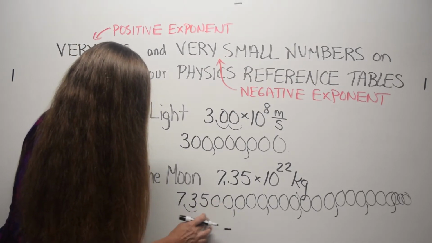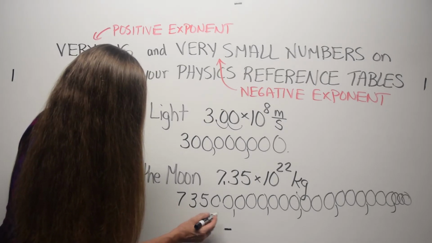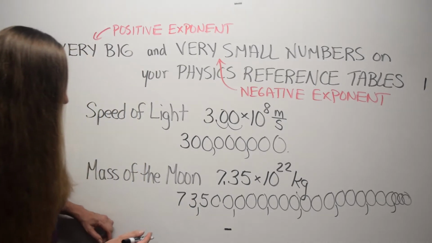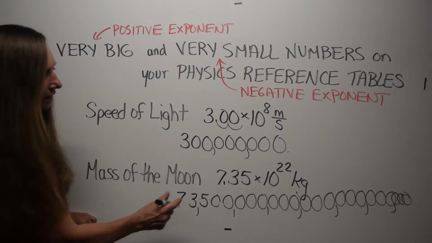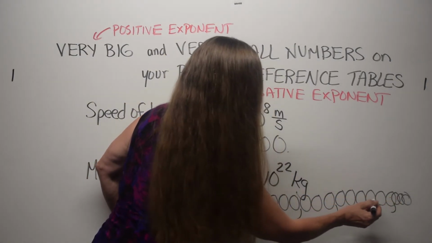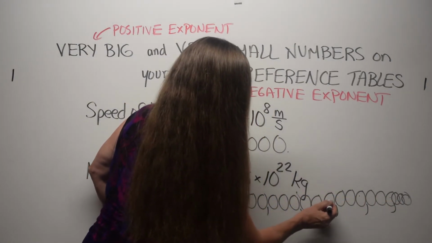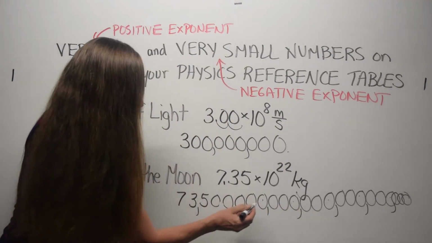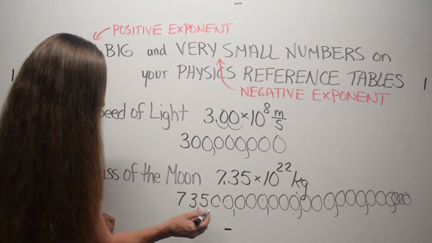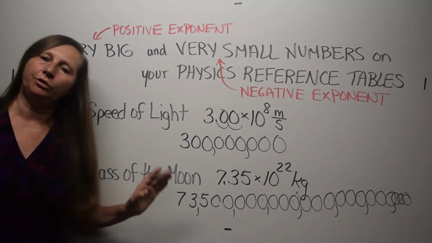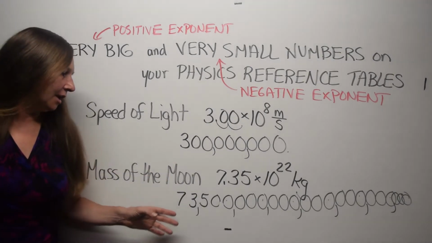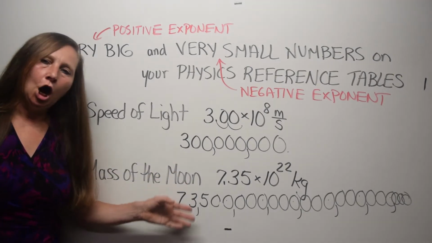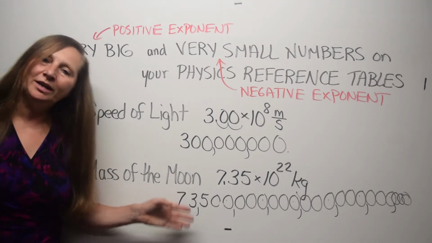All right, so what do we have here? We've got the thousands place, millions, billions, trillions, quadrillions, quintillions, 73 sextillion, 500 quintillion.